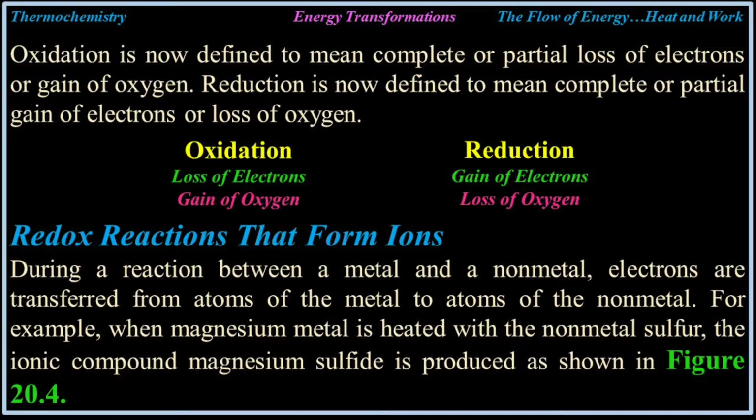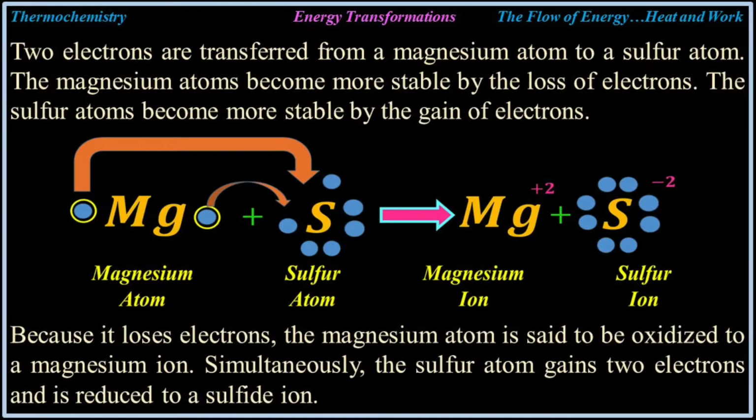So oxidation, loss of electrons, gain of oxygen. Reduction, gain of electrons, loss of oxygen. If oxidation occurs, reduction occurs. If reduction occurs, oxidation occurs. One does not occur without the other. 2 electrons are transferred from magnesium atom to sulfur atom. The magnesium atoms become more stable by the loss of electrons.